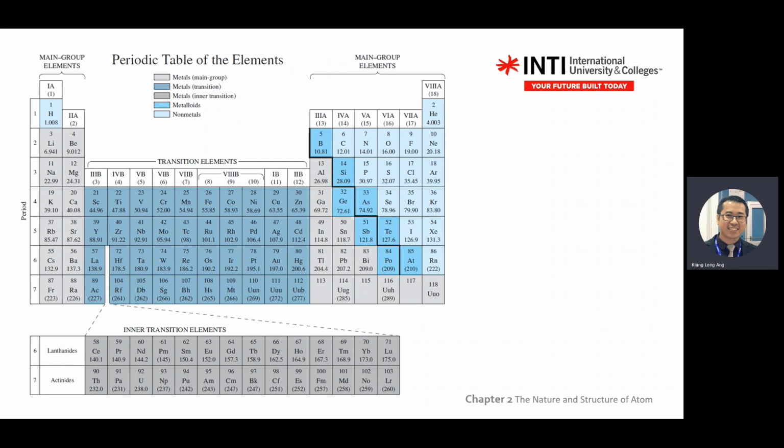So for subcells, 2L plus 1, you have 1 for S, and 2L plus 1, you have 3 for P. How many electrons do you have for the orbit? We're calculating 2n squared. This one is 8, the maximum electrons. So you have 8.